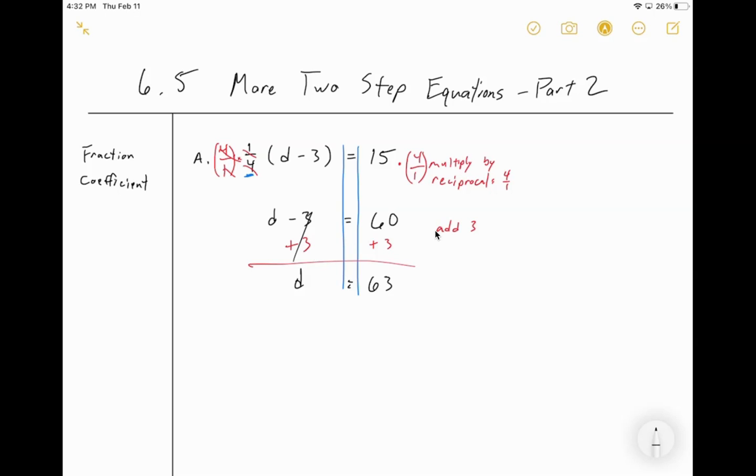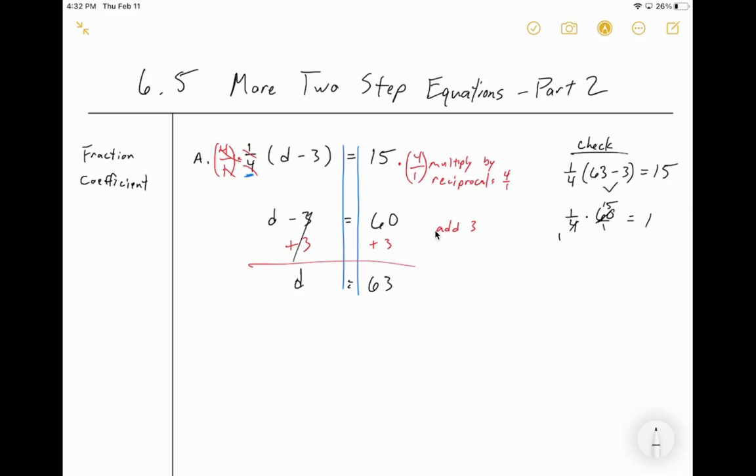Okay, let's go ahead and check it. My original problem was 1/4 times d, which I'm saying is 63, minus 3, should equal 15. Well, 63 minus 3 is 60. So 1/4 of 60, that becomes a 1, that becomes a 15.